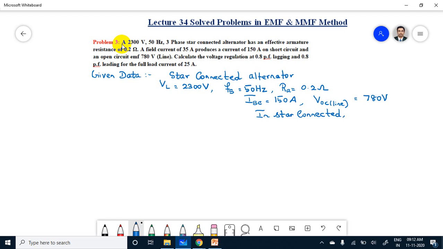Anyone? Please unmute your mic and speak, because there should be more interaction to solve the problem. What is the formula for voltage and current in star connection?